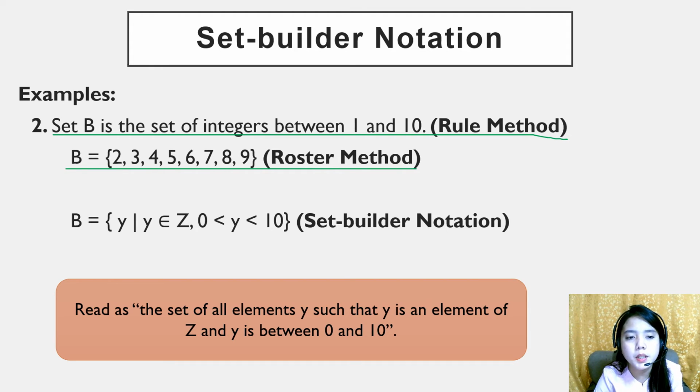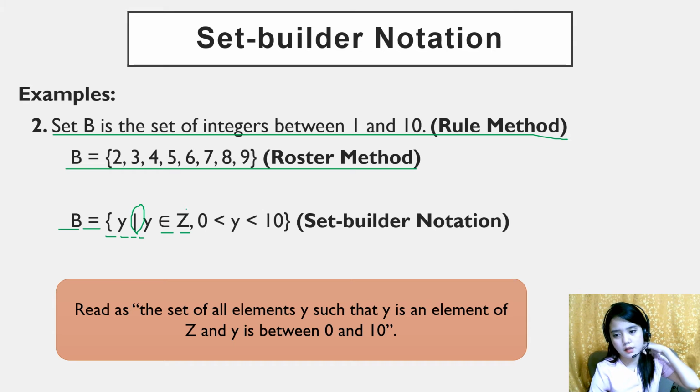But for the set builder notation, okay, si B, sunod equal sign, sunod brace, sunod y, it doesn't matter, such that, kining line diha is, such that y is an element of Z. Okay, Z for integers, where y is between 1 and 10.